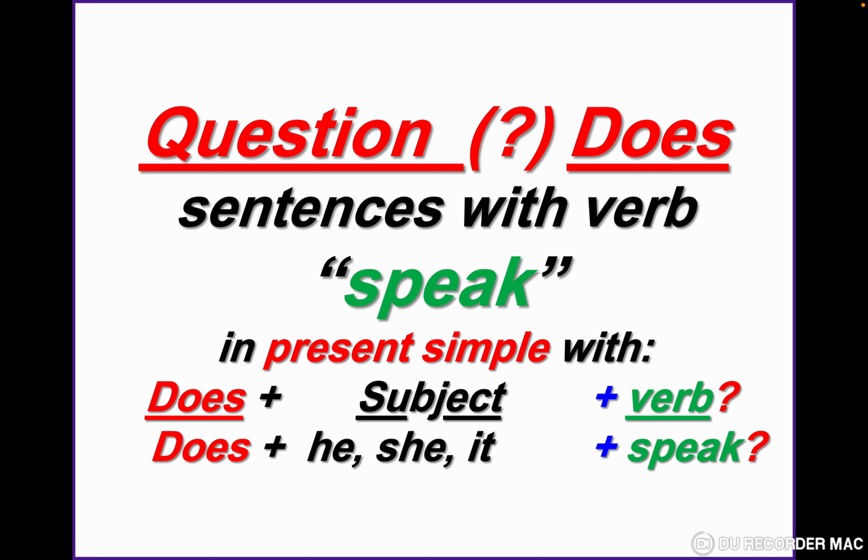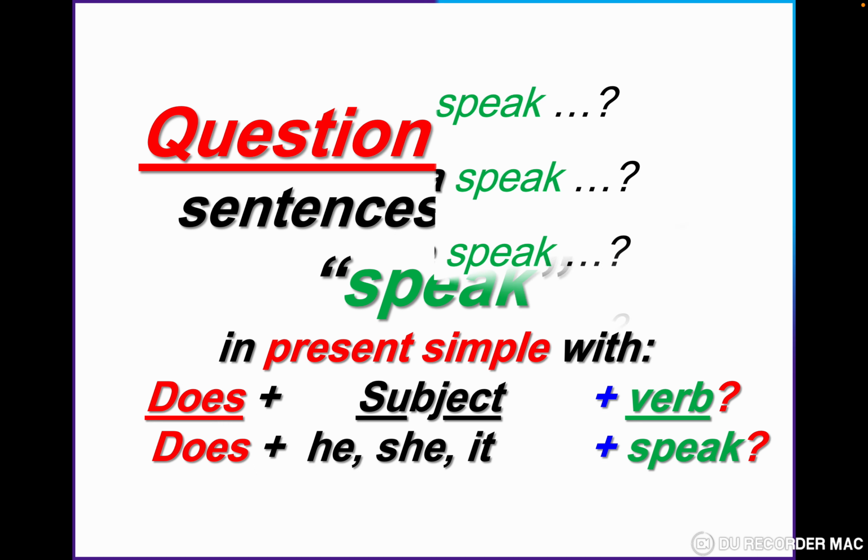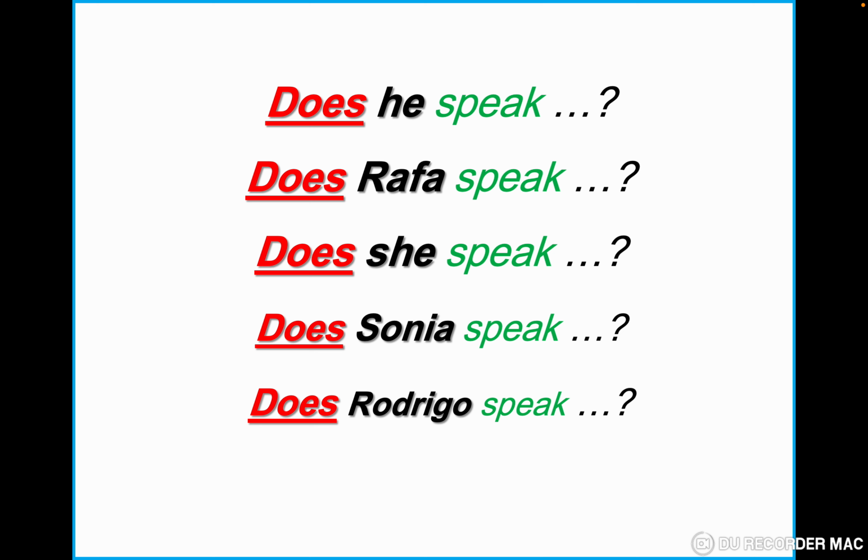Does he speak? Does she speak? Does it speak? The verb takes an s only in the positive form. You should remember this. Let's go to real examples. This is just the rule.